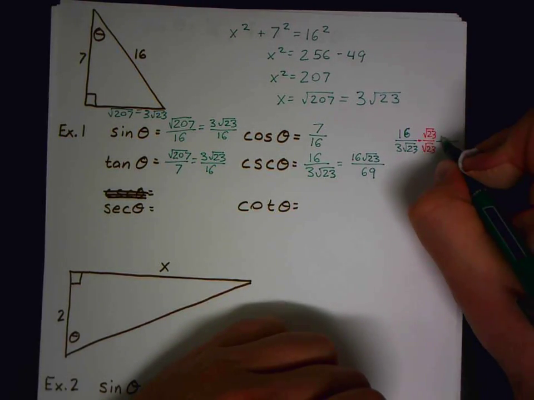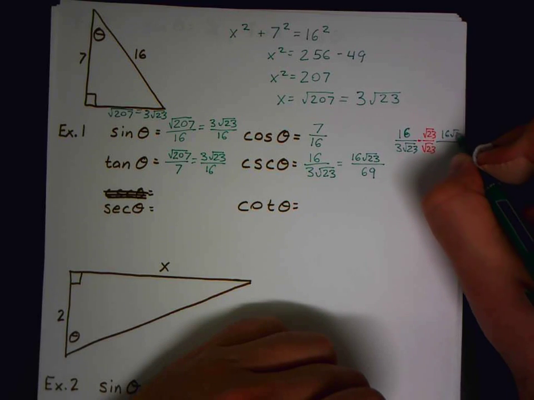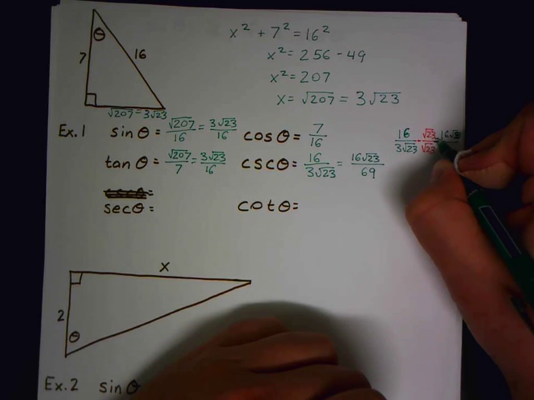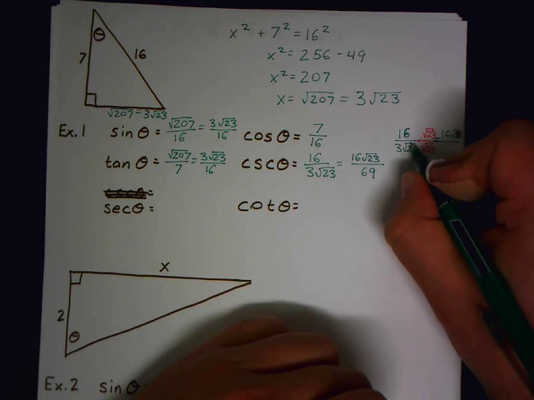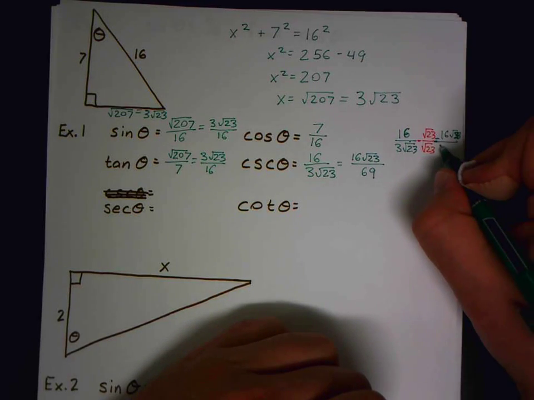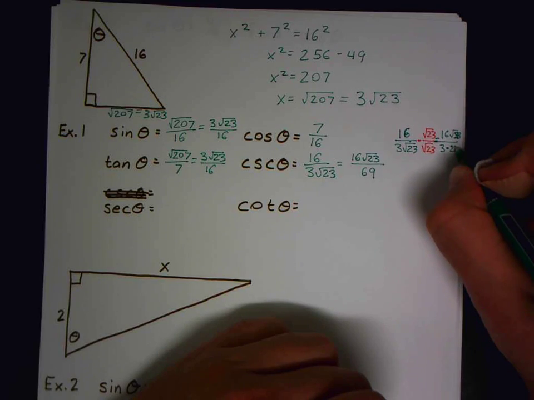So on the top, I just get 16 radical 23. Sorry, I'm running out of room there. On the bottom, it cancels out that square root, so I get 3 times 23.